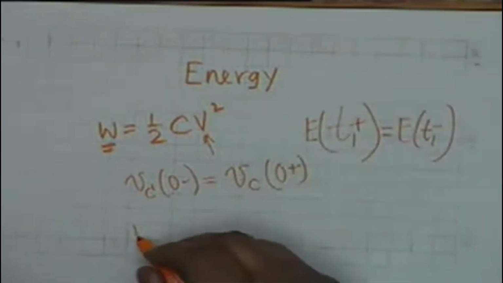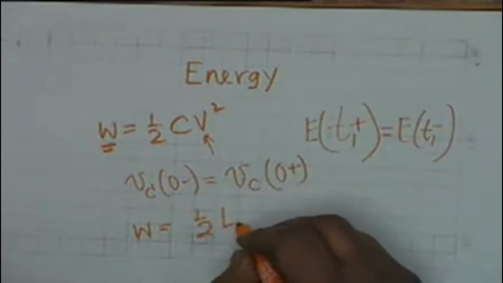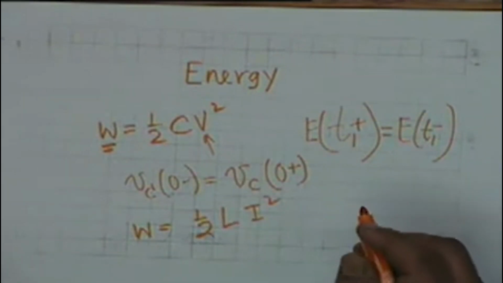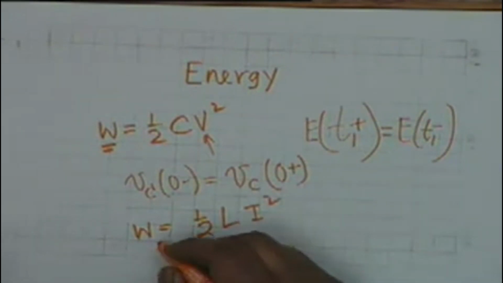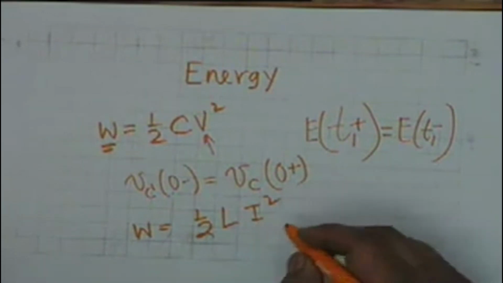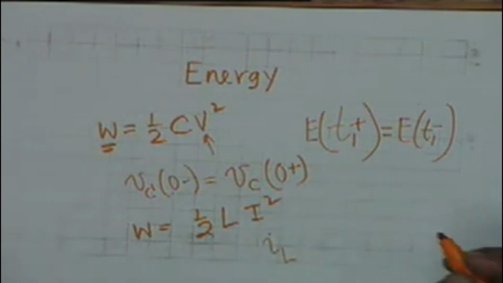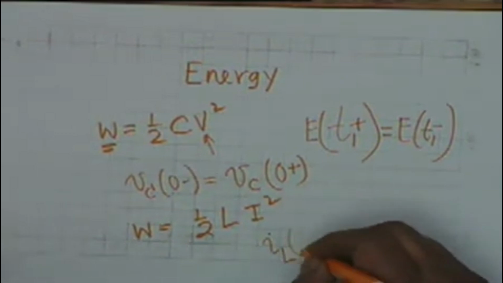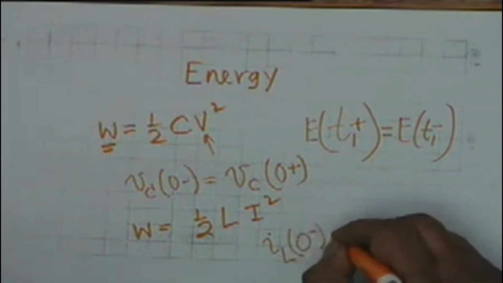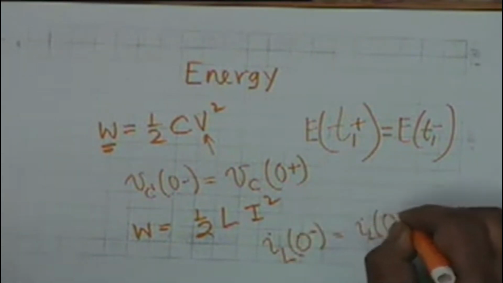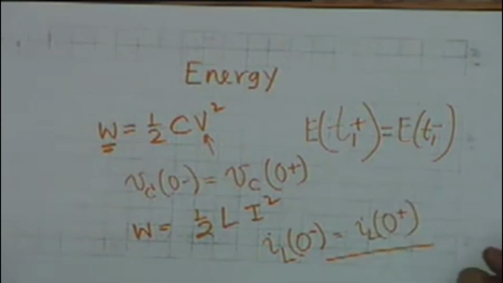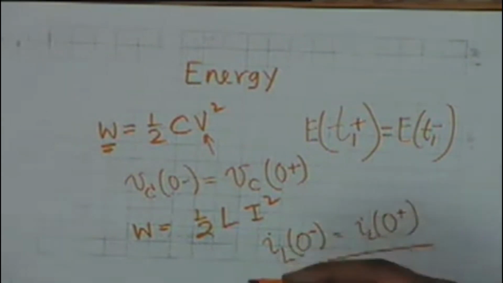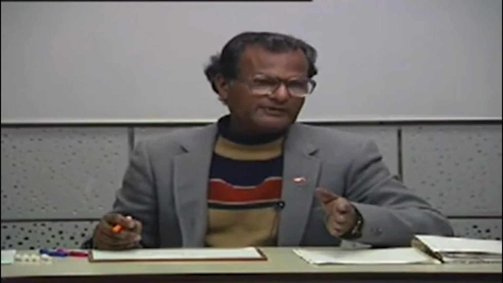In a similar manner, energy in an inductor is given by half L I squared, and since W cannot change instantaneously, the current in an inductor at 0 minus must be equal to IL at 0 plus. I must point out that this 0 is an arbitrarily fixed reference. It could be t1, it could be t2, or whatever it is.